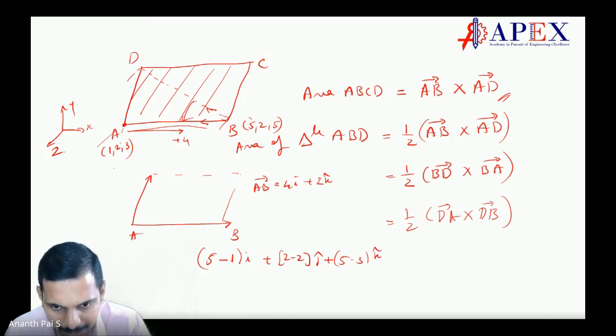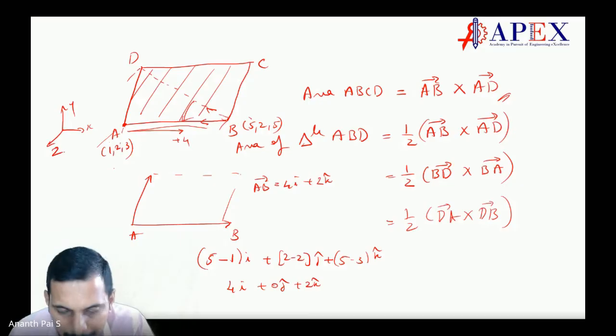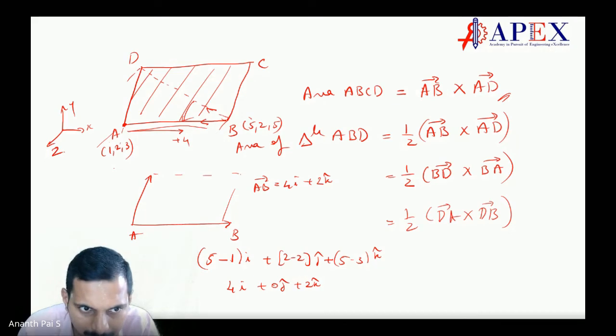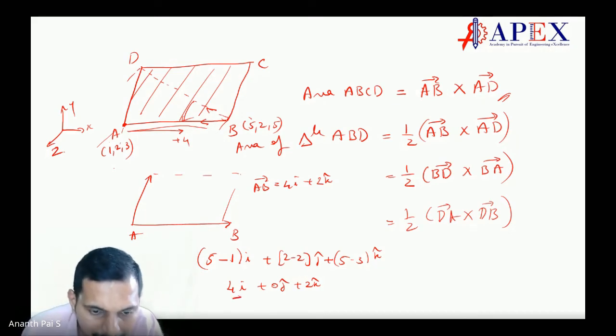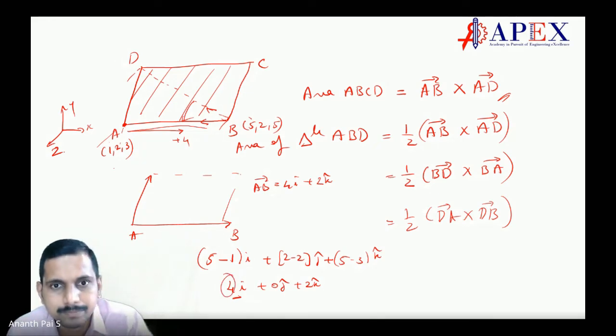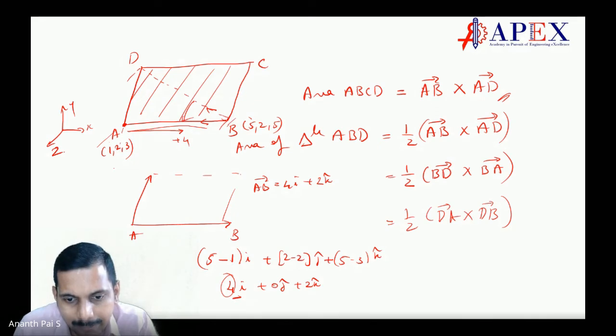Are you getting this point? Yes, sir. So this will be 4I plus 0J plus 2K. What does that imply? That I am going from A to B in the direction of X by 4 steps, then along K, I am going by 2 steps to reach B.